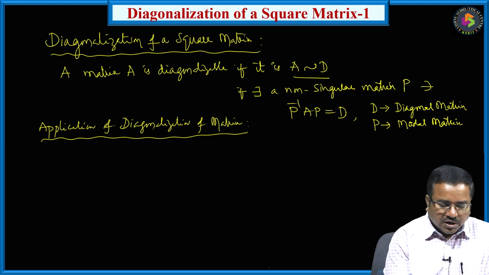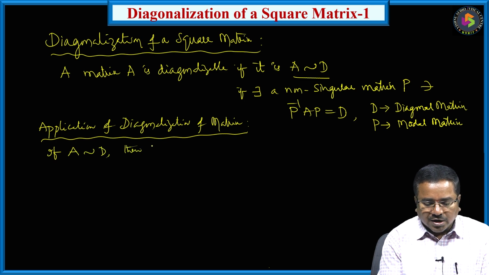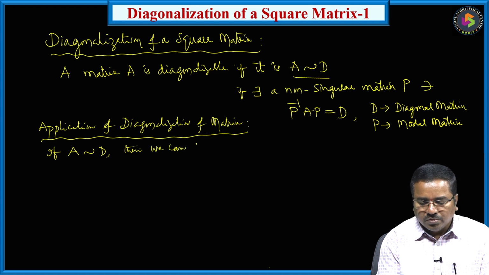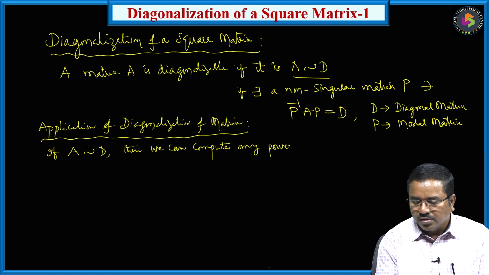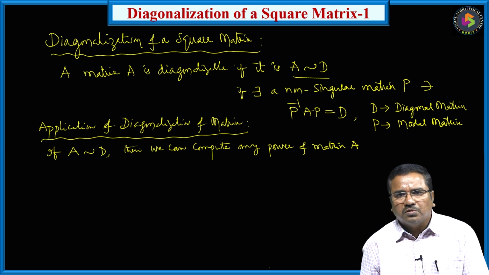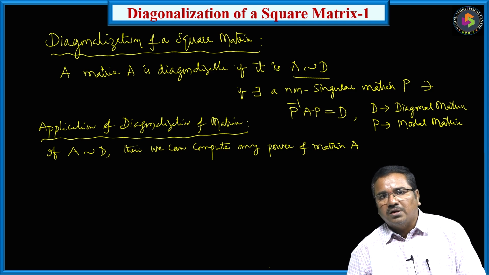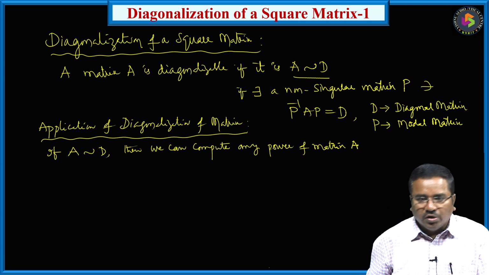Suppose A is diagonalizable, that is, A is similar to D, then we can compute any power of matrix A. We can calculate A to the power of 100, A to the power of 200, even A to the power of 1000, just by multiplying three matrices. I am going to explain that process now.